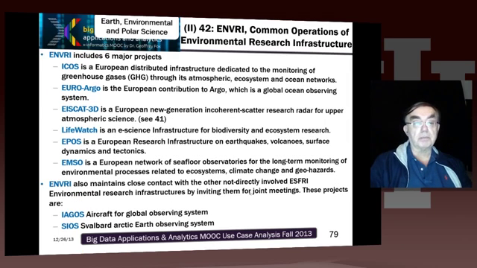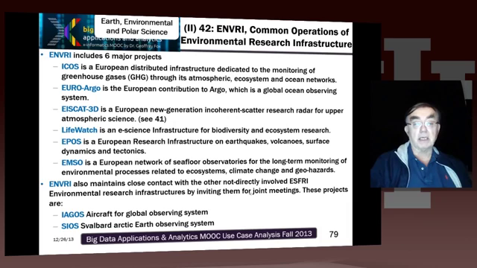So there are 6 projects. We should go through these projects to show what they do. There is a distributed infrastructure, which is monitoring greenhouse gases through an atmosphere, ecosystem, and ocean network of sensors. Argo is a global ocean observatory system, which is global but has a European component. IceCat we just did is the largest of these systems.